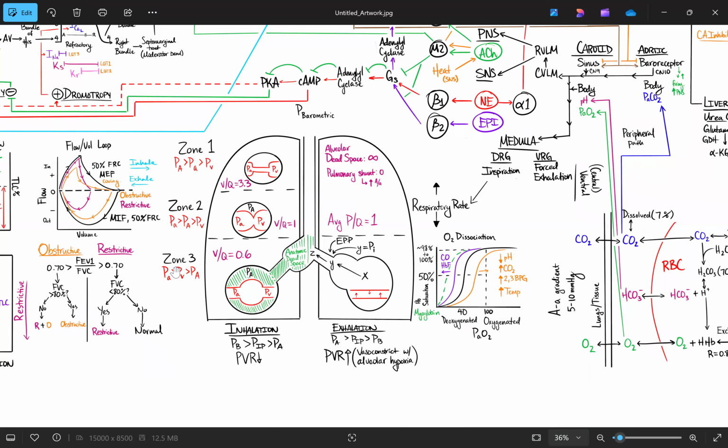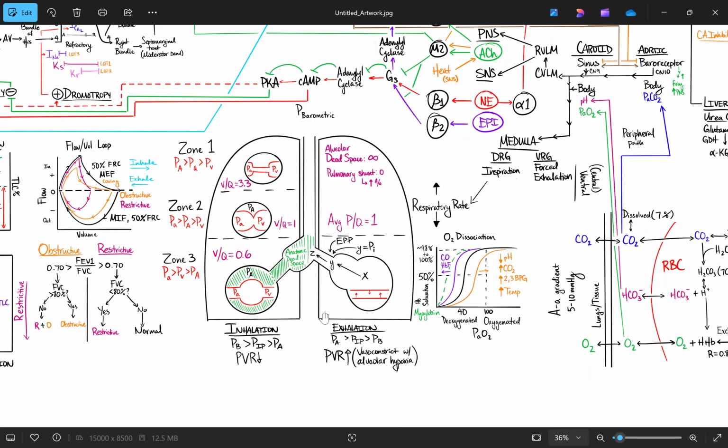Down below, I drew inhalation and exhalation again. So barometric pressure is going to be greater than IP and PA pressure, IP being intrapulmonary, I believe, versus the PA, which is alveolar.